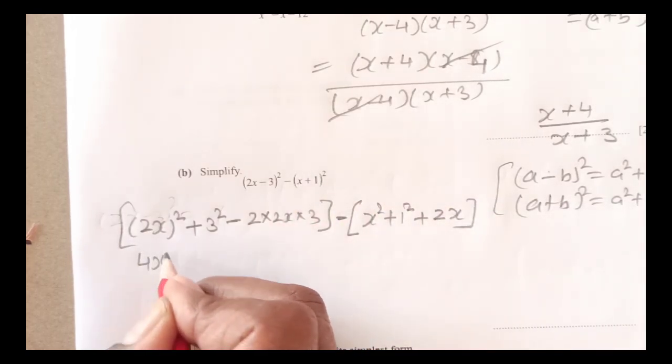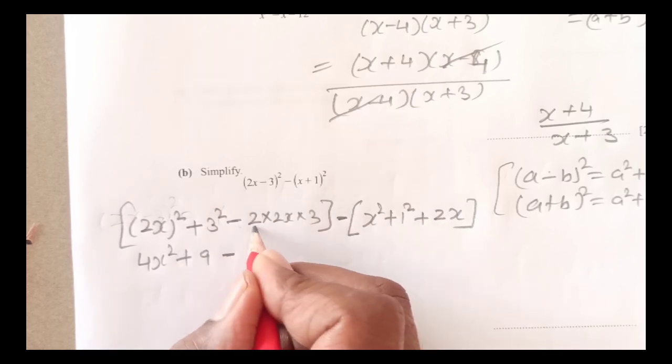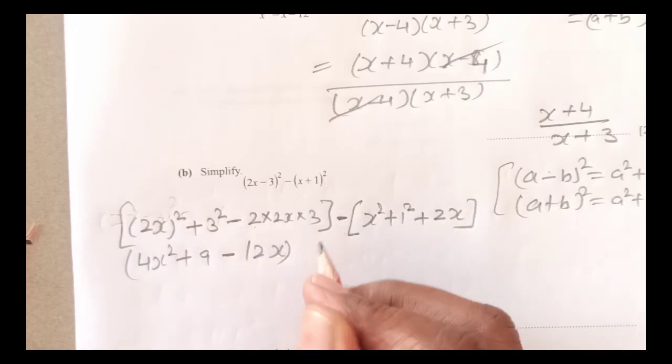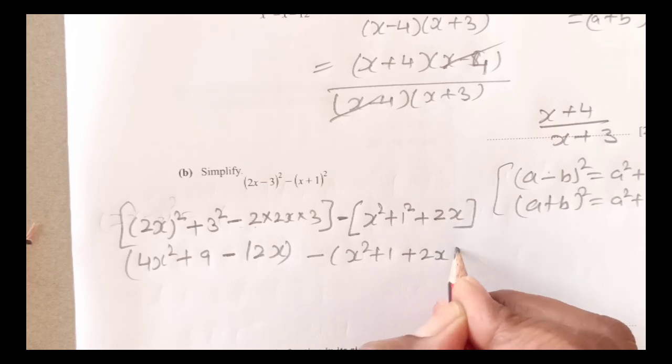This is 4x squared plus 9 minus 12x minus x squared plus 1 plus 2x, right?